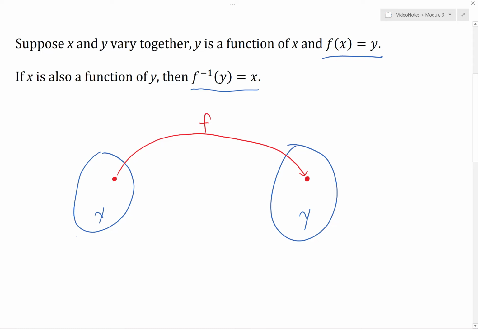Now if we take that value of y and input it into f inverse, it will give us an output of the original value of x. So if we input x into f, we end up with the value of y. If we input that value of y into f inverse, it undoes the process and gives us back the original value of x.